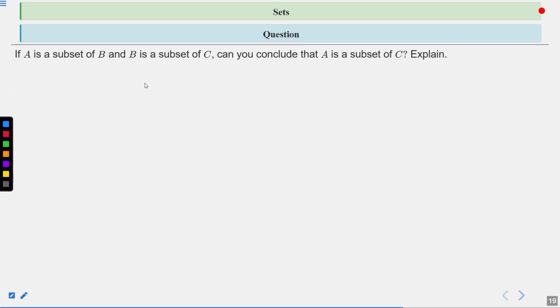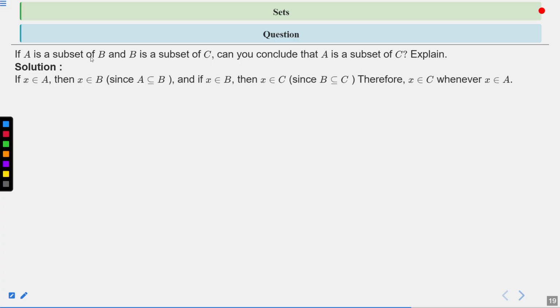Now, some related questions. If A is a subset of B and B is a subset of C, can you conclude that A is a subset of C? Solution.